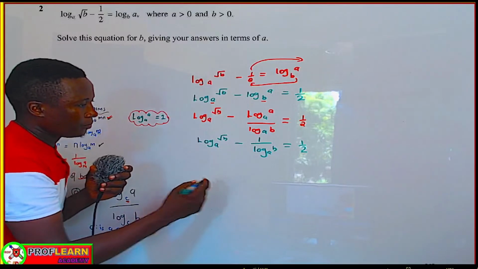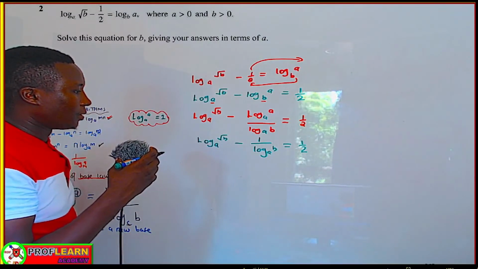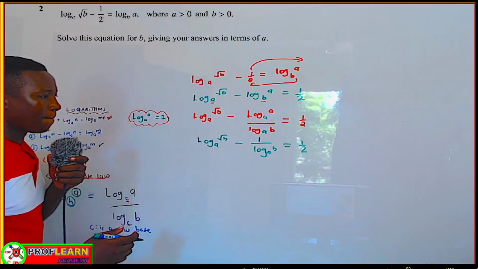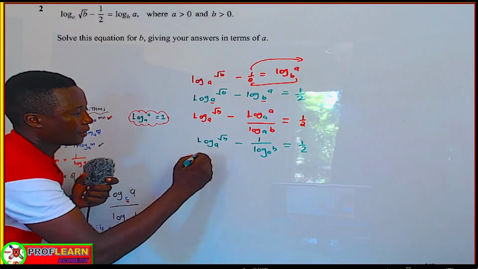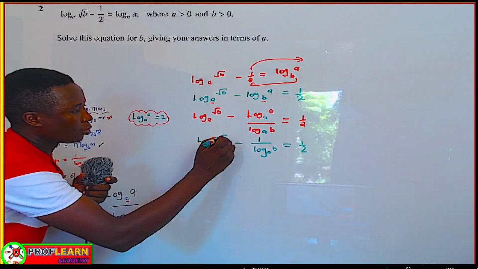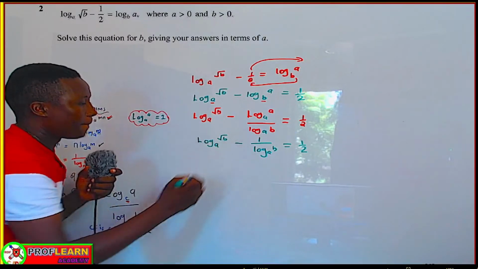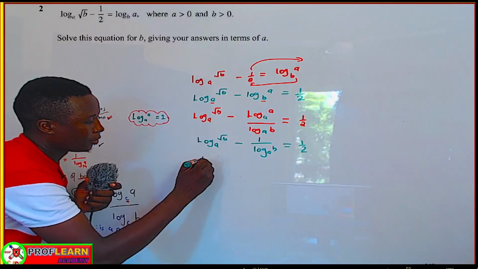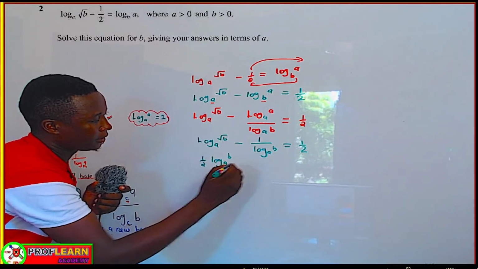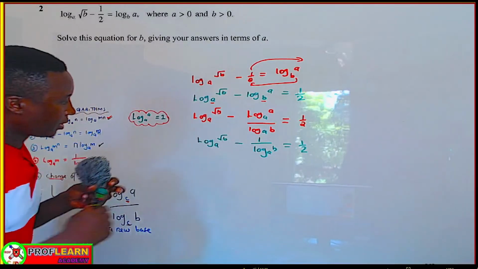Now, at this given point, we can write this as b raised to... okay, square root of b is the same as b raised to a half. So we can take the half behind the log. Let me just look for more space here so that I don't squeeze this.